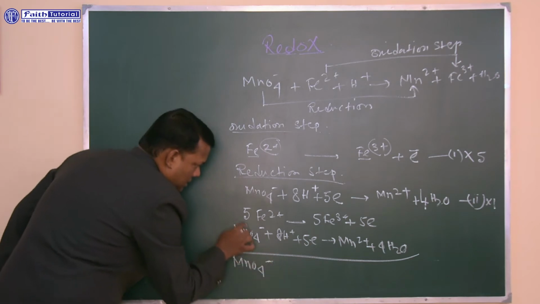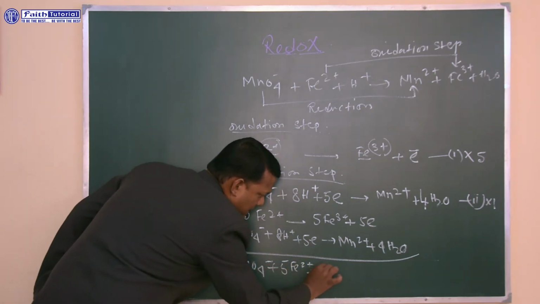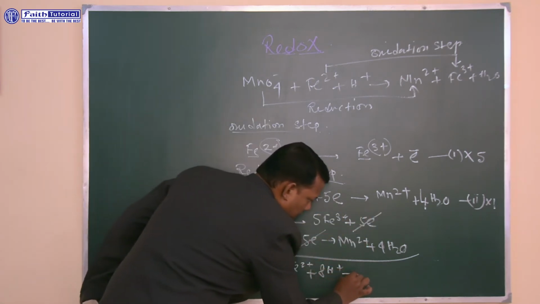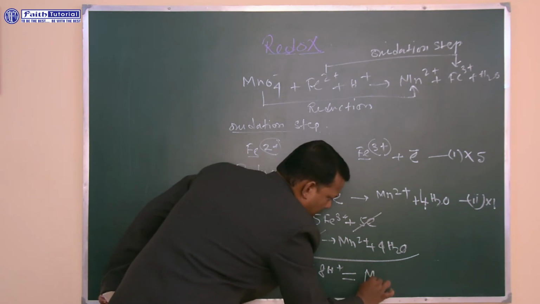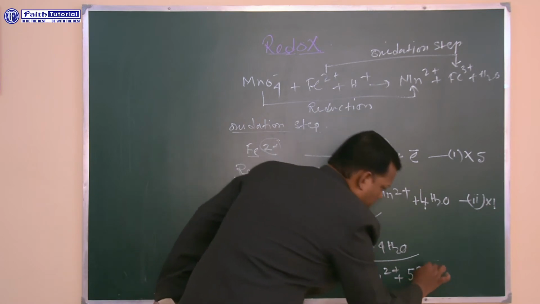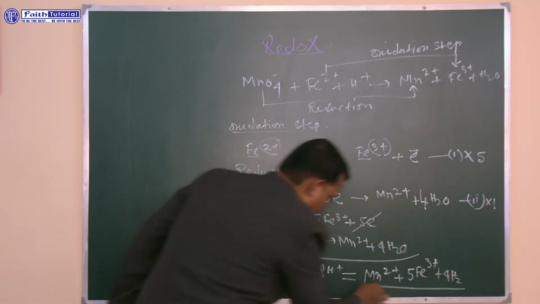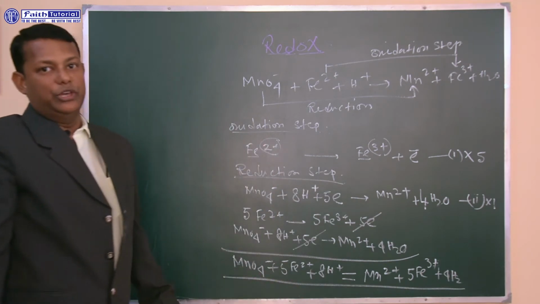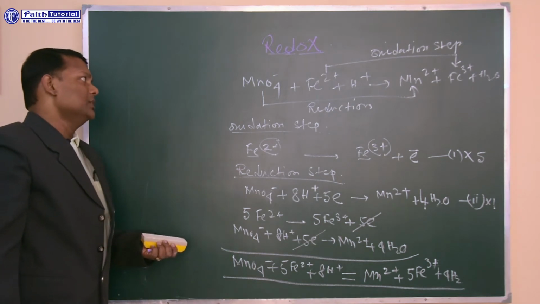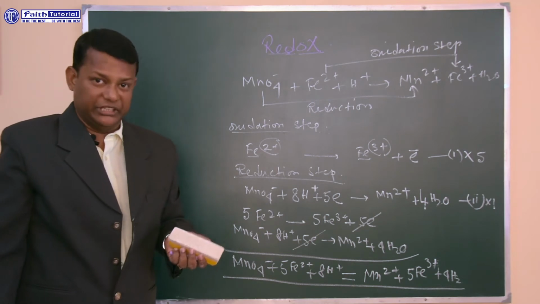MnO4 minus plus 5Fe2 plus plus 8H plus, these electrons get cancelled, gives Mn2 plus plus 5Fe3 plus plus 4H2O. This is your balanced chemical equation. This is the procedure to balance ionic equations by the ion electron method.